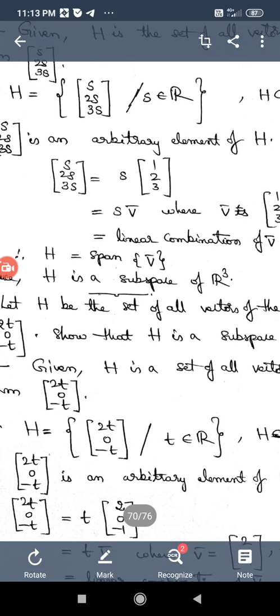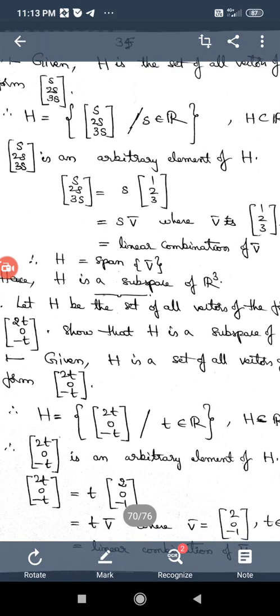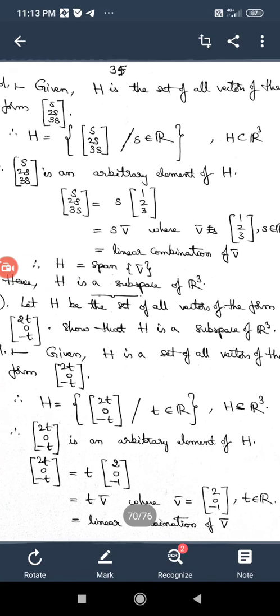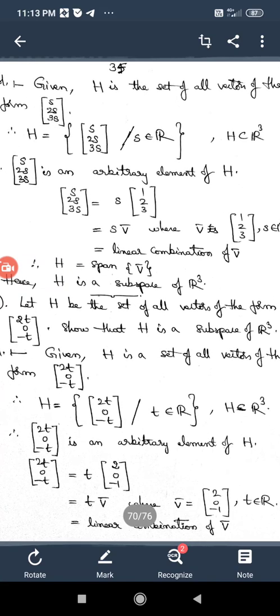This is scalar multiplication in the vector space R3. As I said in the previous problem, R3 should be viewed as a vector space wherein scalar multiplication holds good. That is how we can write (2t, 0, -t) as t times (2, 0, -1).